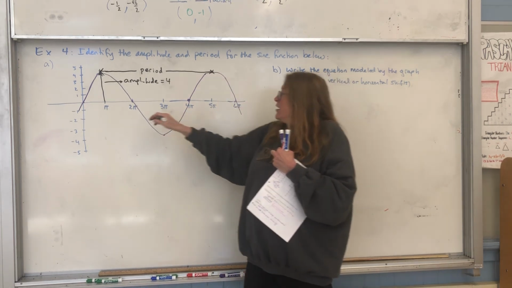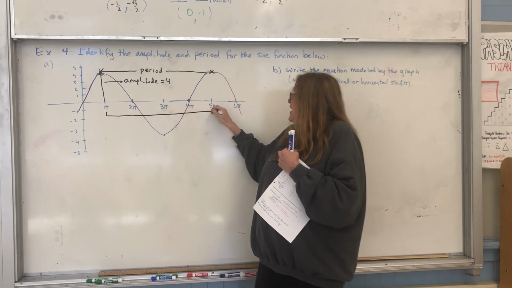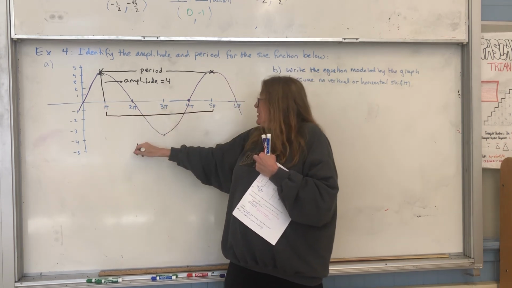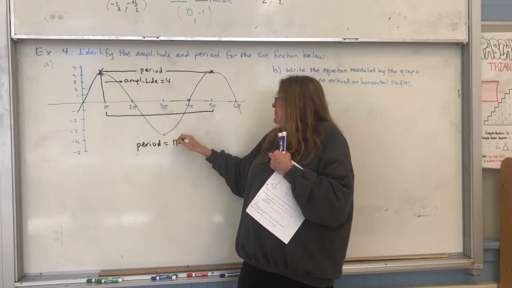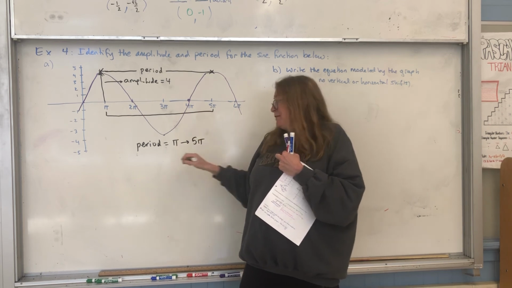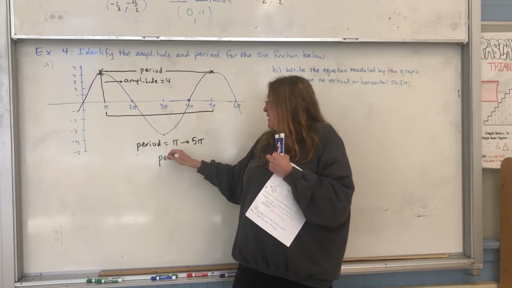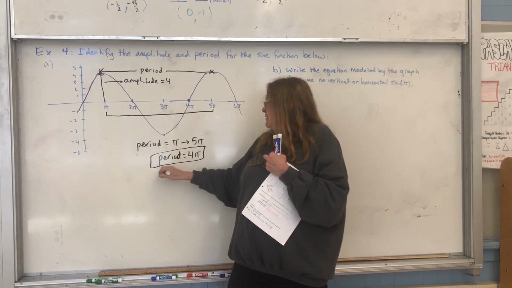So I go from pi all the way until 5 pi. So what is the period, guys? The period is 4 pi. Right? And the amplitude is 4.